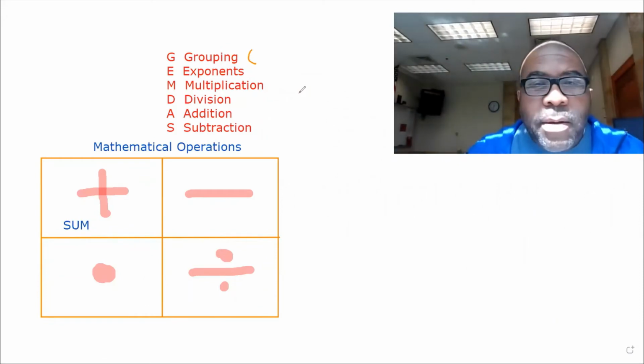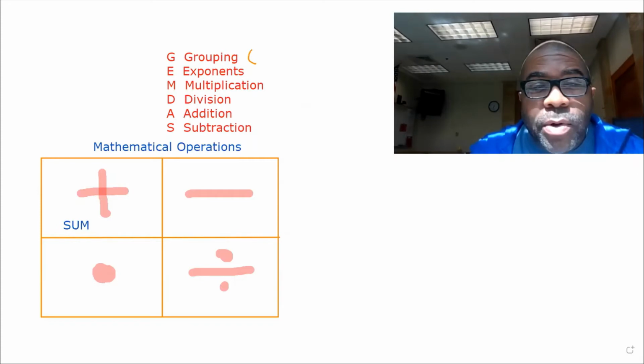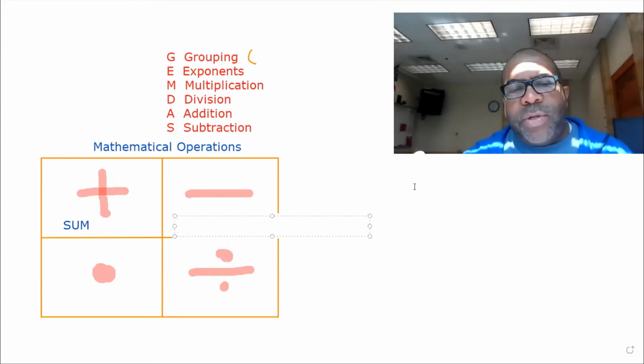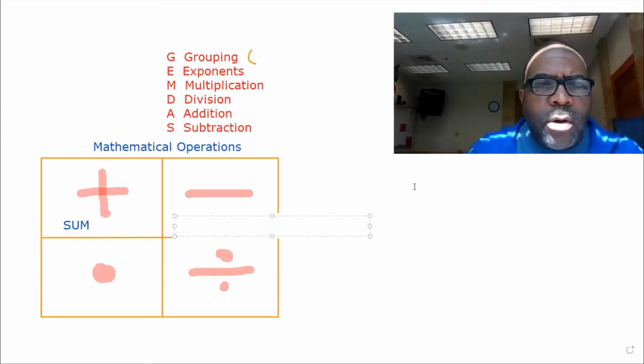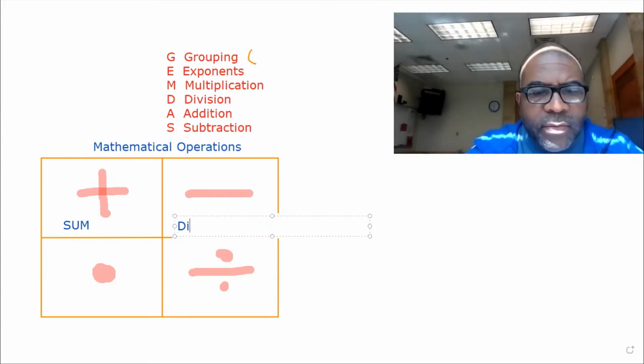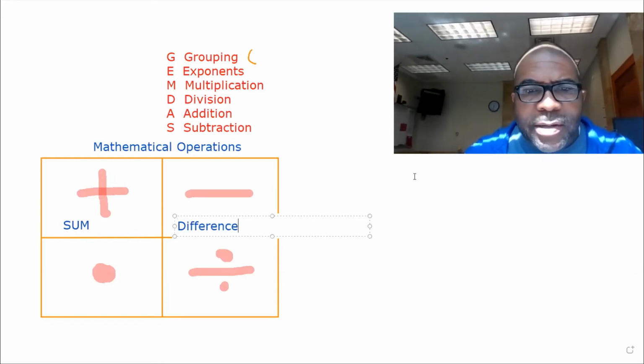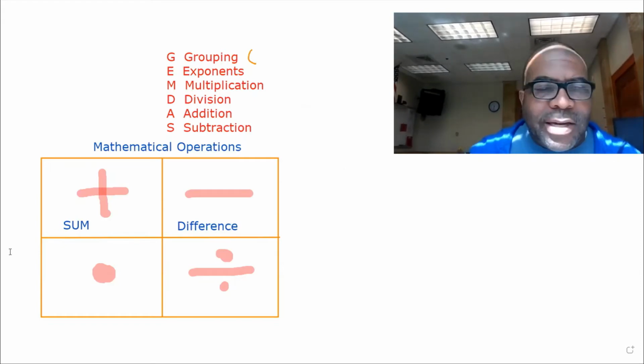For addition, we're going to use the term sum, S-U-M. When we talk about subtraction, we're going to use the term difference. I may have spelled that incorrectly. If I did, let me know in the comments.